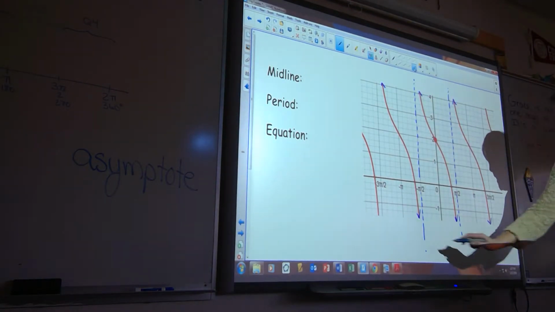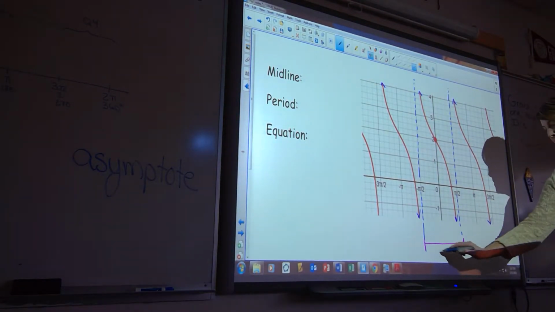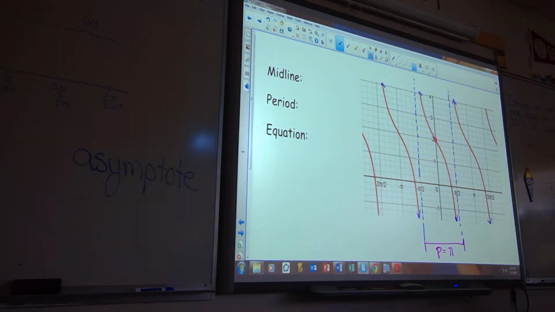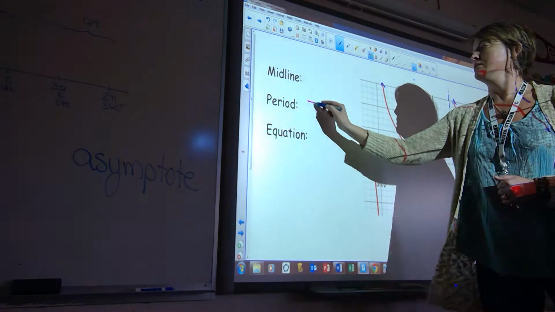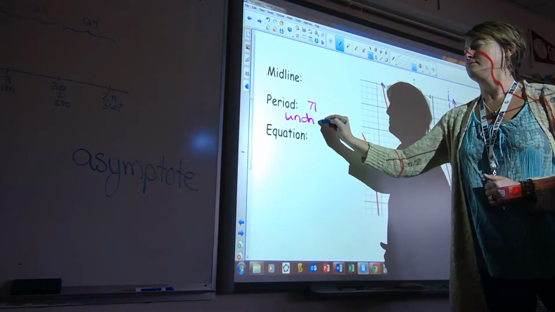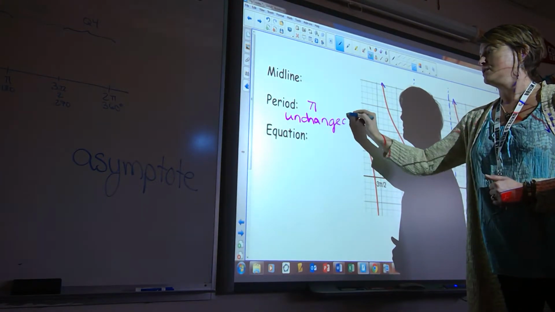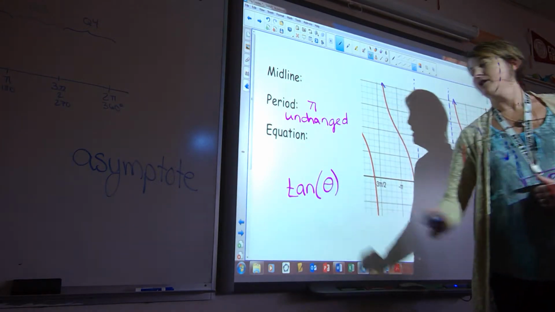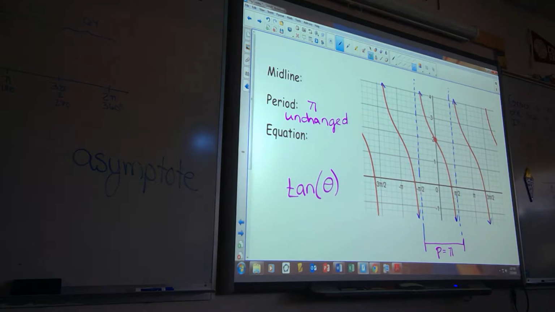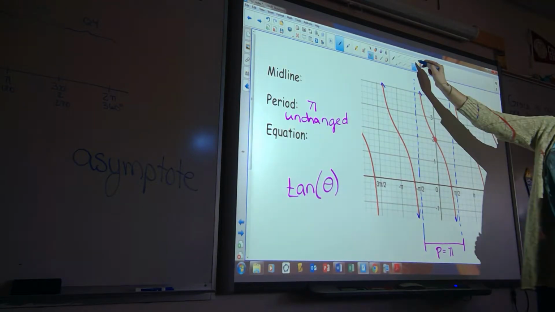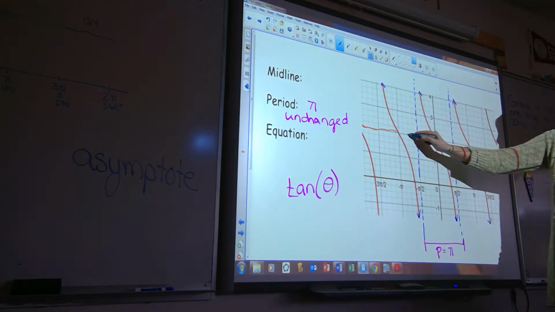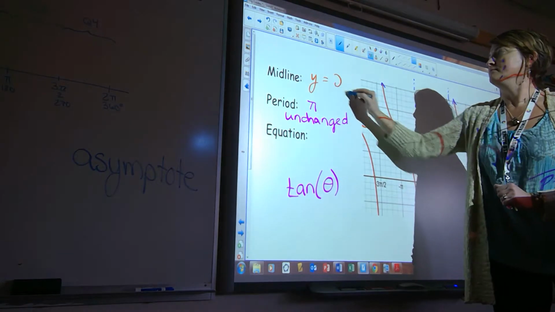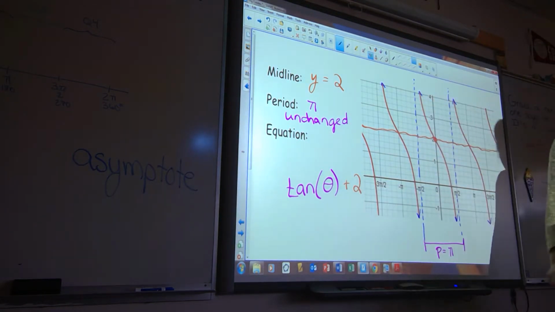So the period length is pi, which is unchanged from the parent. So I know this much. I don't have a multiplier with that theta. All right, the midline looks like it went up 2. So I can put a +2 right there.